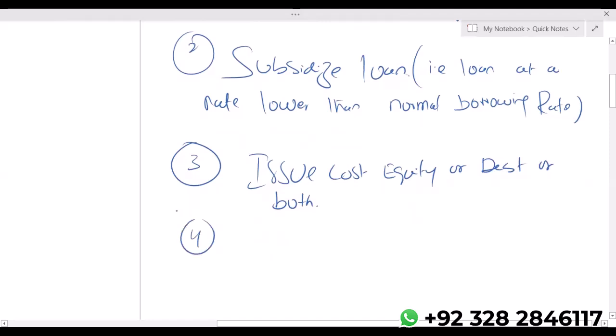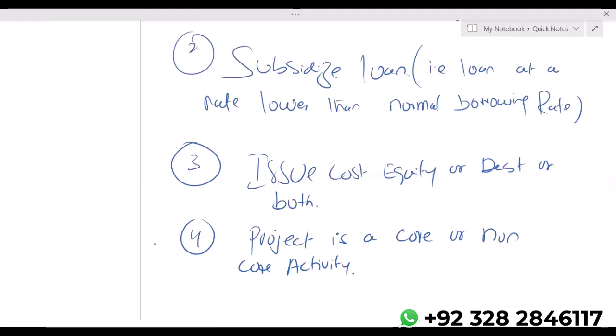And one more condition: the project under consideration is in a core or non-core activity. When we say non-core activity, I'm talking about diversification; we are doing something different. Condition number 4 is fulfilled in every project, because when you invest in a core project, in the same line of business, you are talking about expansion.